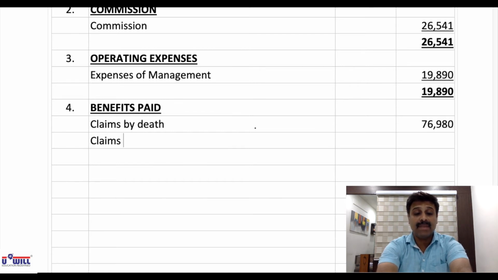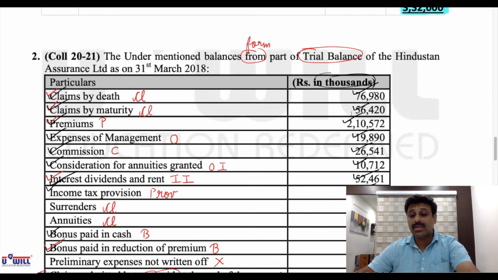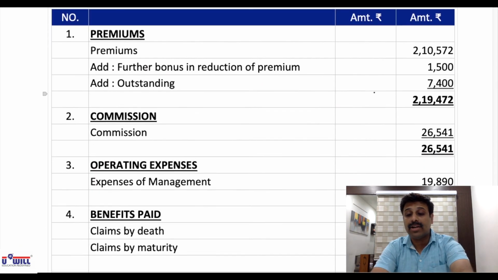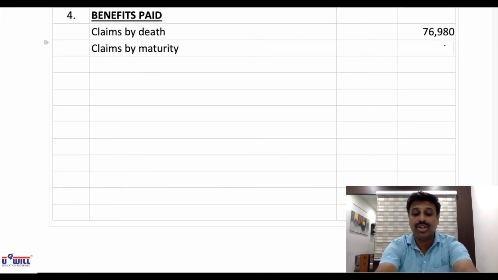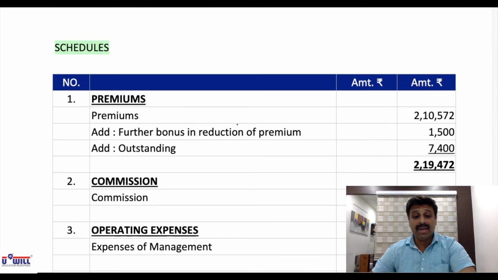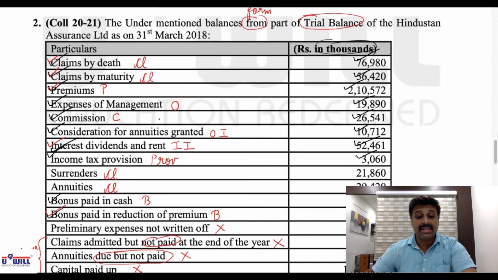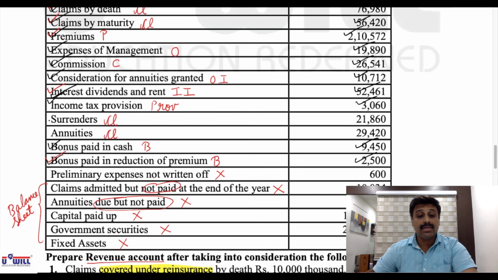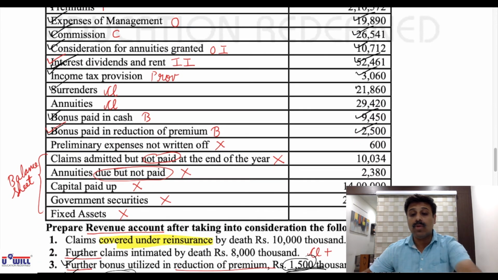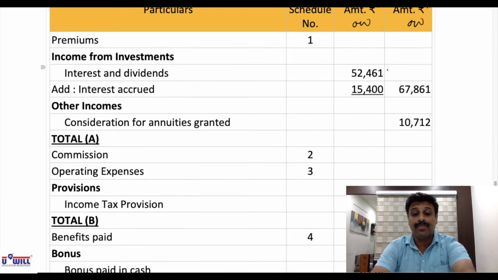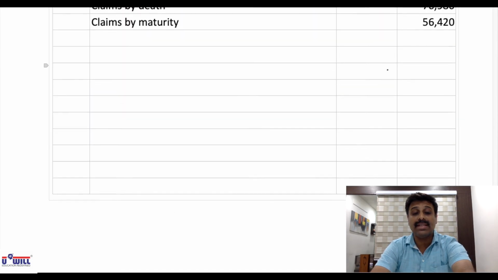Then we have claims by maturity 56420, so all of it in outer column 56420. Then after claims by maturity, what other item is marked as CL? Surrenders. Surrenders are 21860.